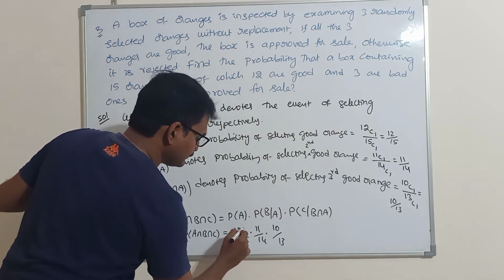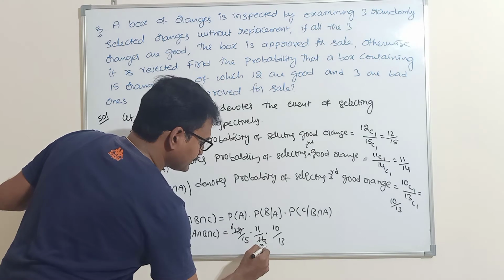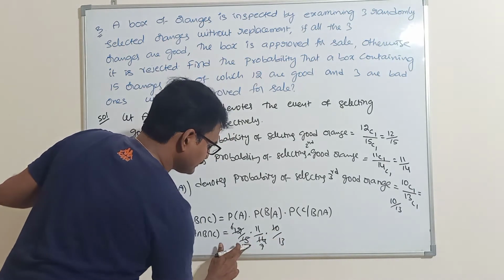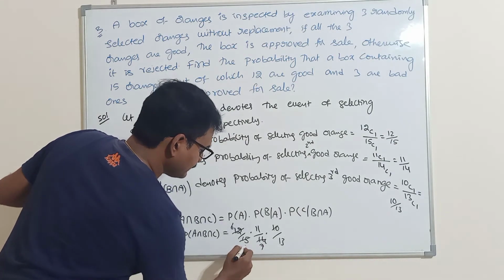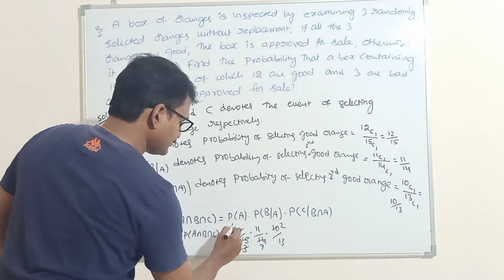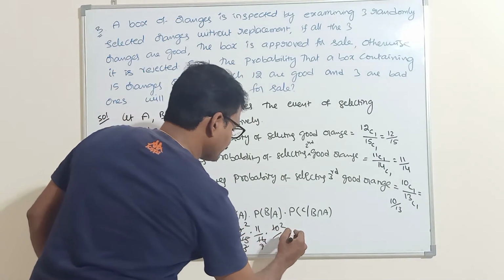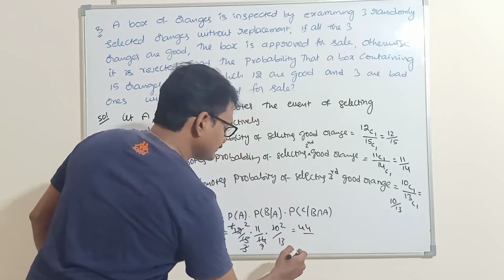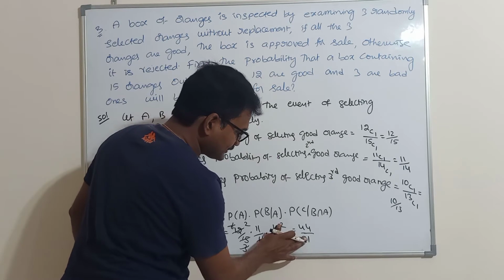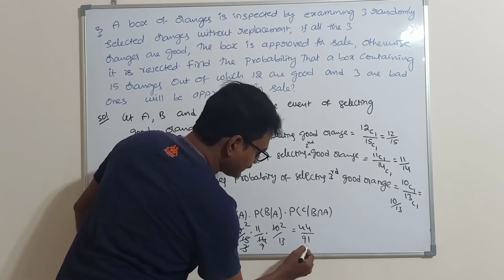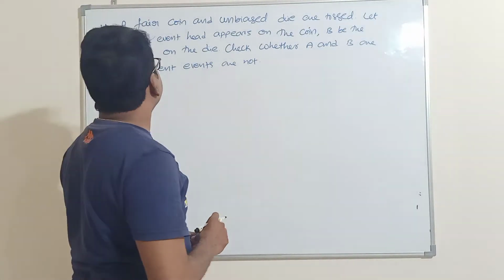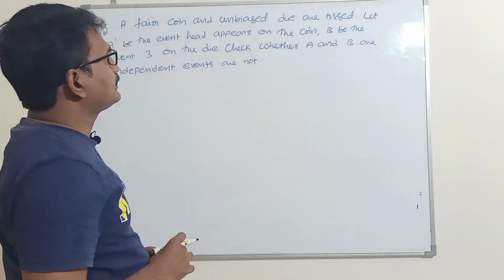Simplifying, 2 into 2 into 11 gives 44 by 91. The final answer is 44 by 91, not 81.